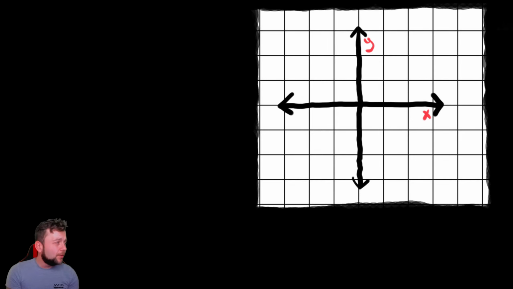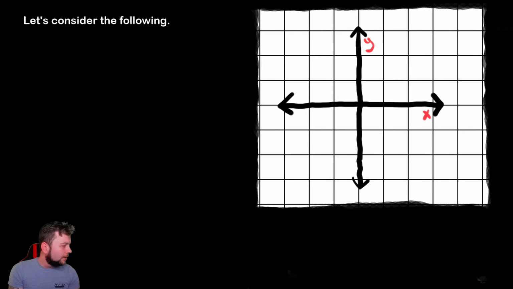Let's talk a little bit. Let's consider the following. Let's just think about, is y equals x squared a quadratic? Technically it is, right? If you remember the definition of the quadratic, it's just where a doesn't equal 0.